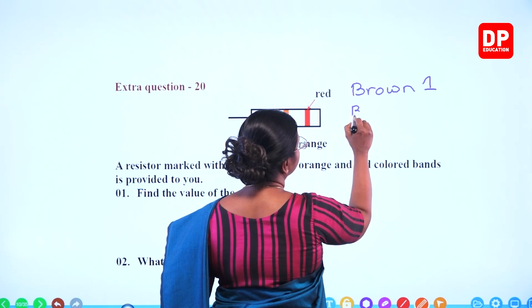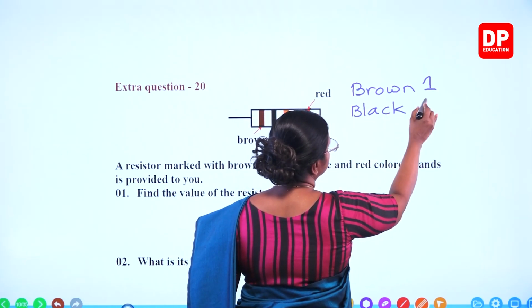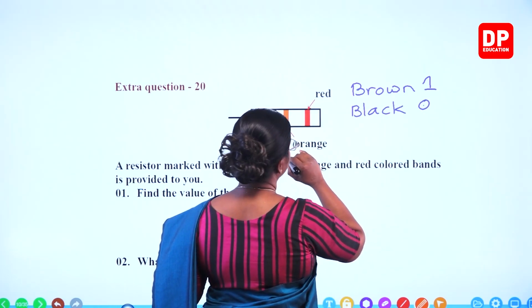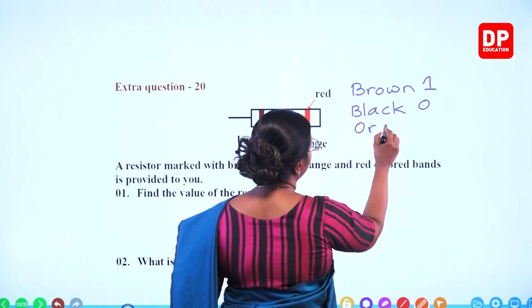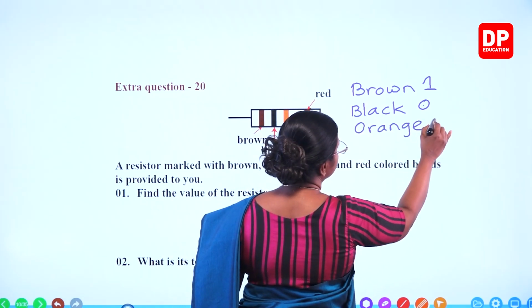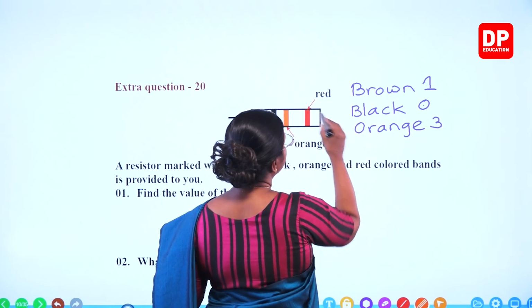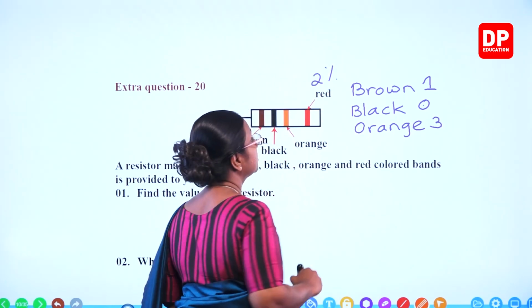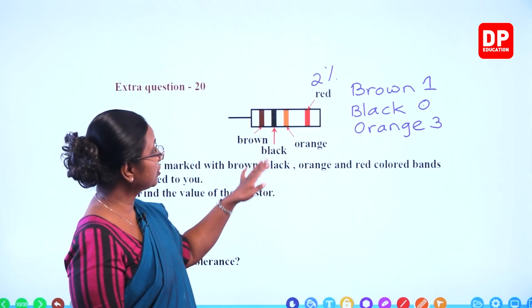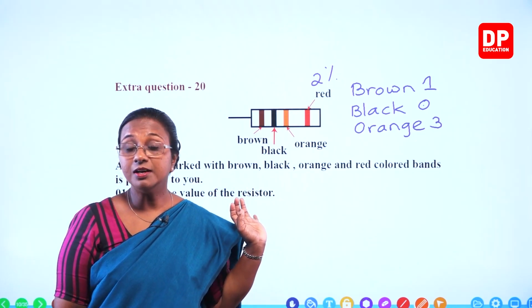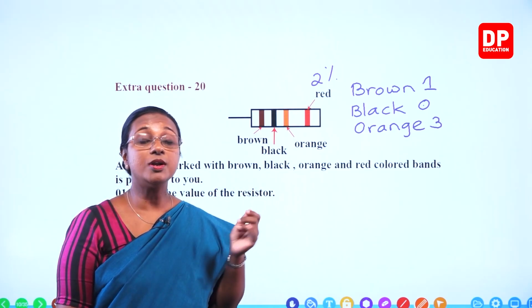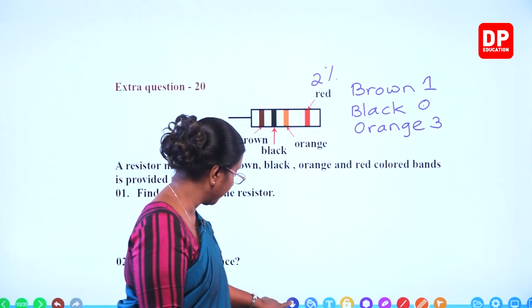Then we have black, 0. Then we have orange, the value is 3. And red is 2% tolerance interval. So those are the values that you can refer, get or obtain from your textbook, the table given there.